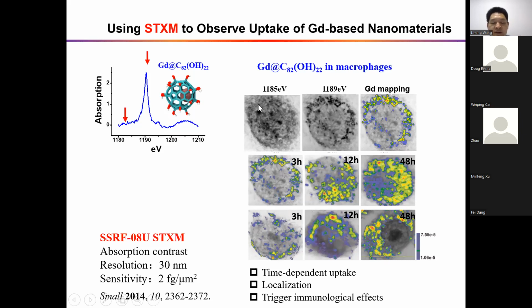So we thought about whether we can use element-based imaging to detect this nanoparticle when they are uptaken by macrophages. We found that this method can be used to image elements based on the pre-edge and on-edge X-ray absorption efficiency.